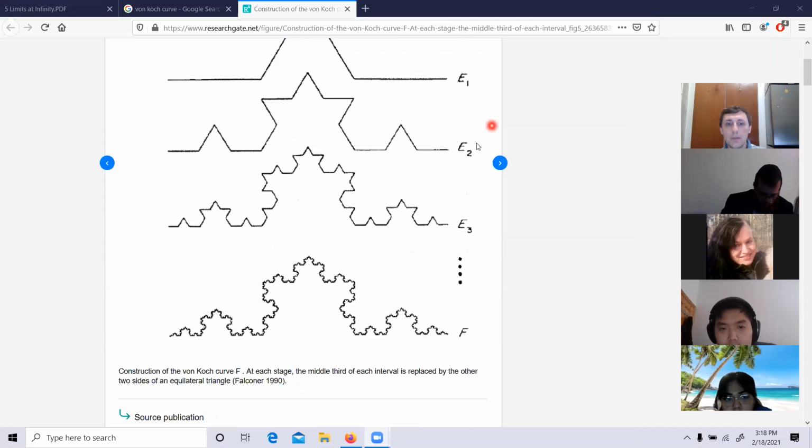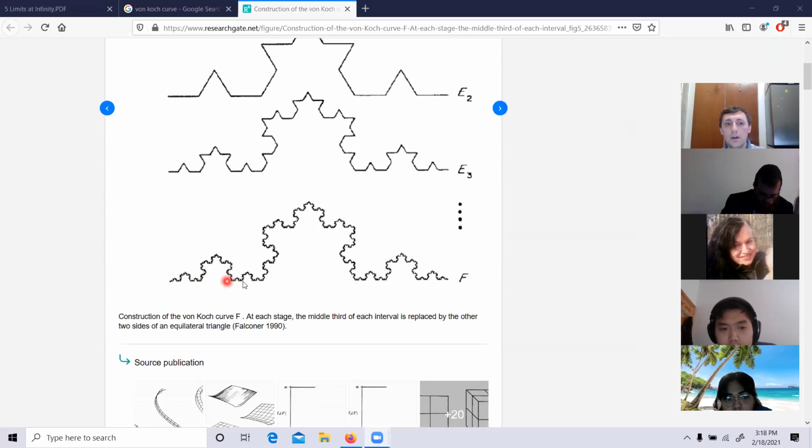So at the end of this process, it seems it will take 1 second. What distance do you think is traveled? If, as I perceive it, the bug moves along this curve, what distance is traveled? Infinite distance. Do you understand what I'm saying, guys? It's infinite distance if I travel along this thing.